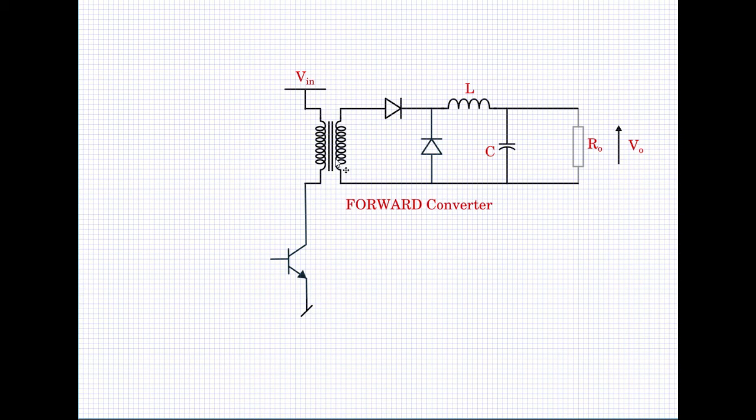Forward because the power is sent forward into the output section during the time when the switch is on, as against the flyback converter where the power is sent into the output when the switch is off. So it's just a nomenclature and a convention. This is called the forward converter in the literature the world over, so we will stick to that name.